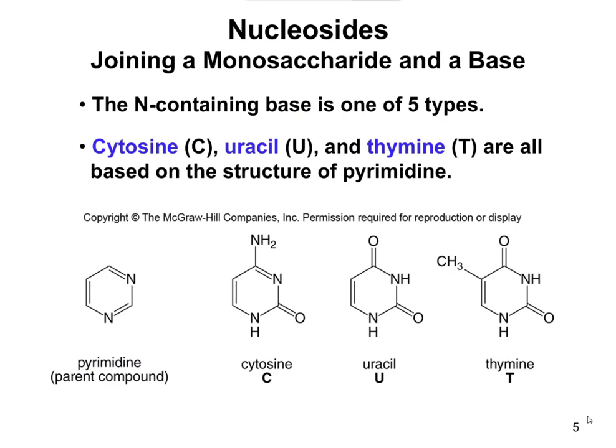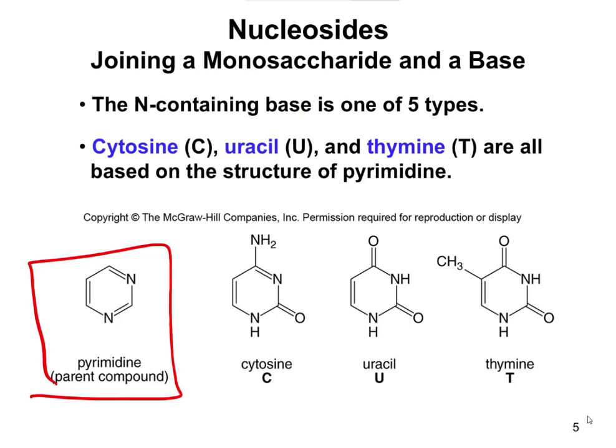So pyrimidines kind of look like this compound over here. And the main thing I want you to see about that is it has 1 ring. So it's a ring that has nitrogens in it, so it has 2 nitrogens, but it's a single ring. So C, U, and T are cytosine, uracil, and thymine.